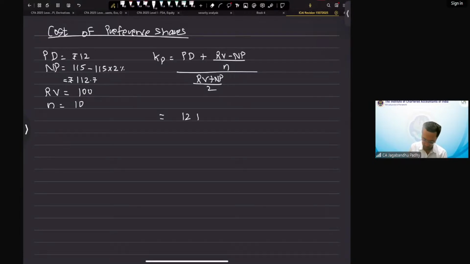So cost of preference share is equal to preference dividend plus redemption value minus net proceeds upon N, the whole divided by RV plus NP by 2. So cost of preference share is 12 plus redemption value 100 minus 112.7 divided by 10, the whole divided by 100 plus 112.7 by 2.